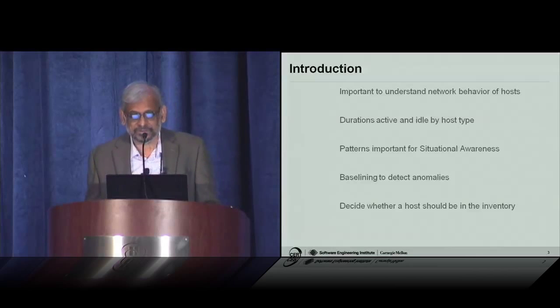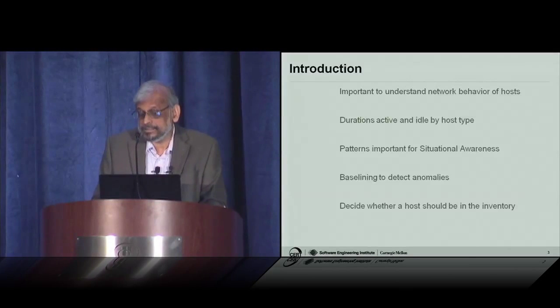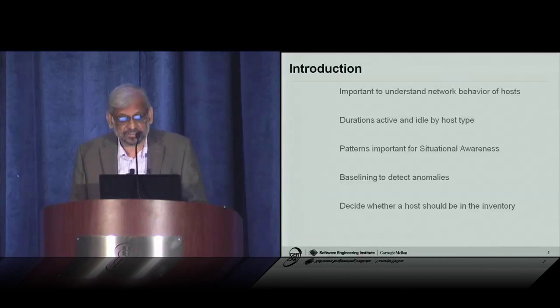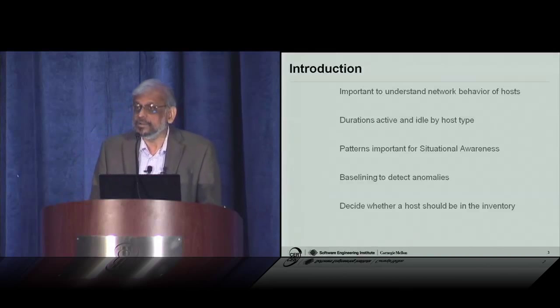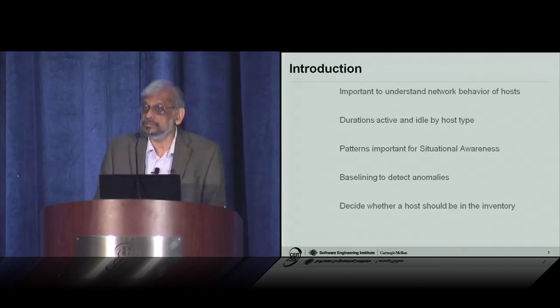These patterns of activity and idleness are important for situational awareness. We need to track whether the patterns are similar or whether they're changing significantly. We can baseline them and look for anomalies. And of course, anomalies always need to be investigated further.